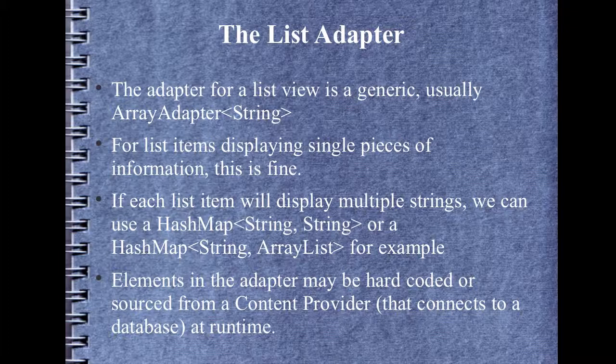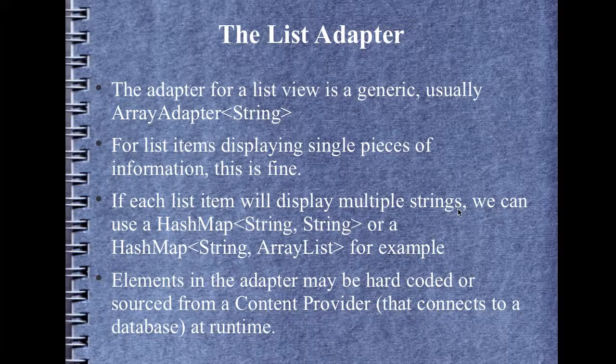Inside of our own application, we should just simply use a SQLite database, which is what we talk about in the next discussion. But we can source elements in this adapter either through code or from a SQLite database or from a content provider that connects to another application's SQLite database, let's say.